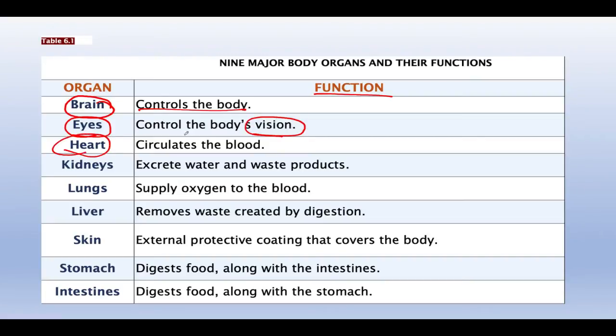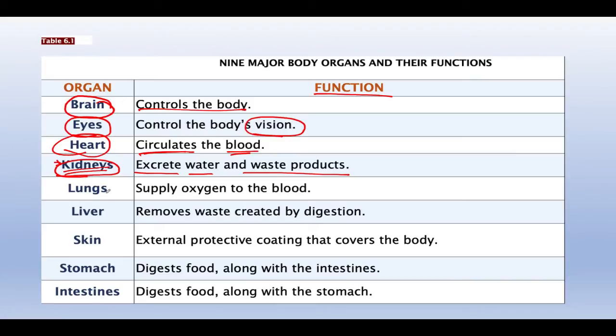Heart: circulation of blood. Kidneys are designed by very specific cells, and those cells come together to form a variety of tissues, and those tissues come together in a very unique way to create a kidney. What's the function of the kidney? To excrete water and waste products.